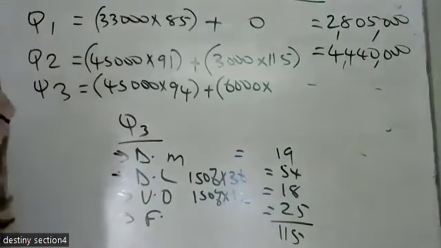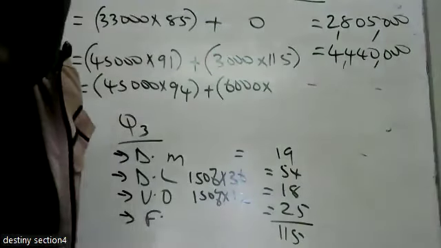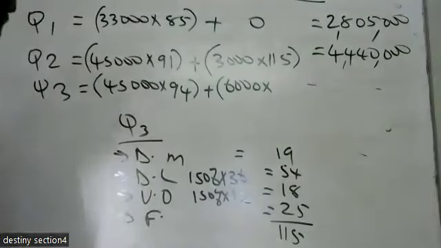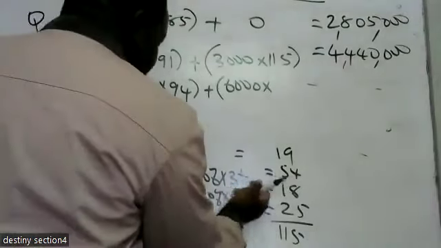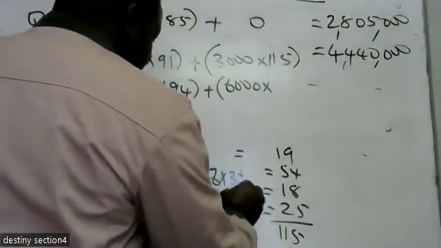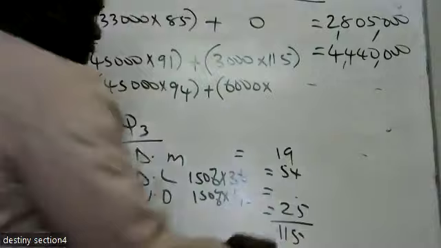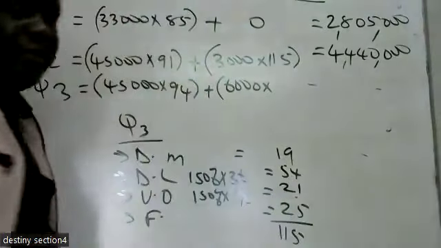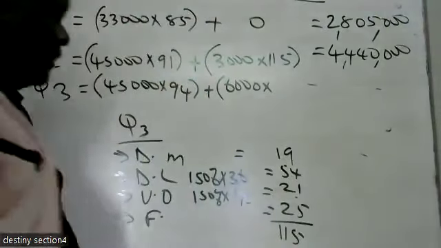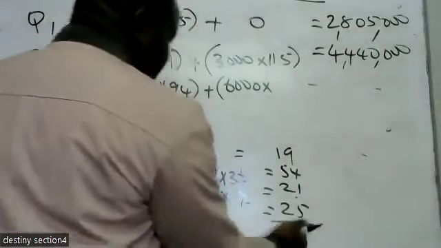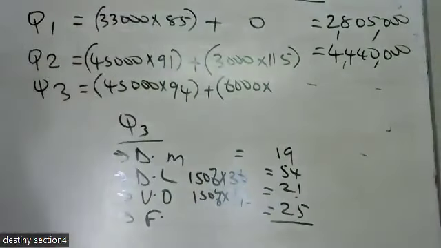Then variable overhead is which here? 14. So increase 14 by 50%. So 21. So fixed cost is not affected. You just include the way it is. The fixed cost is not affected. We just include the way it is.